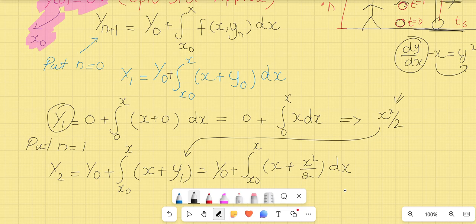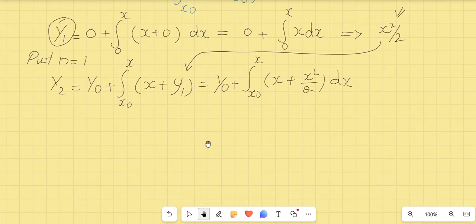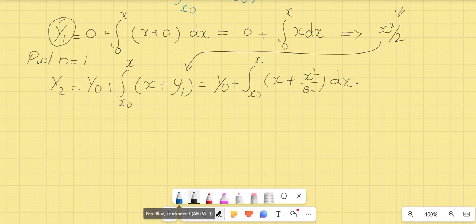All right. So if you solve this one, you know y naught is equal to 0. So just try to solve it, and you will get x squared by 2 if we take the derivative, because this one is going to be 0, x naught is equal to 0 in here, and x squared by 2.